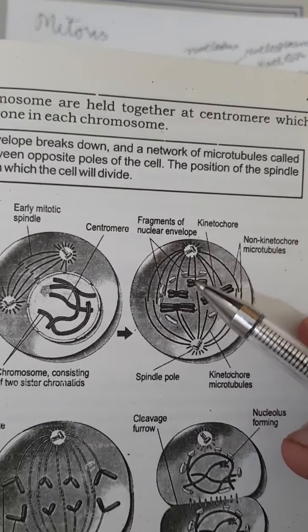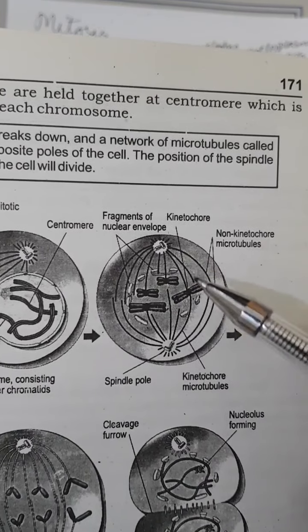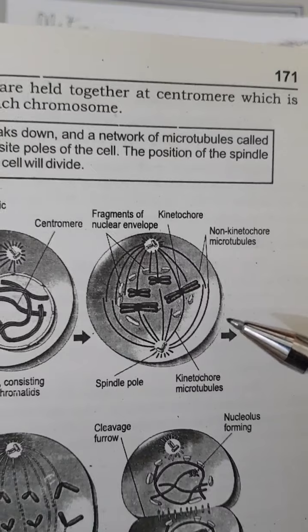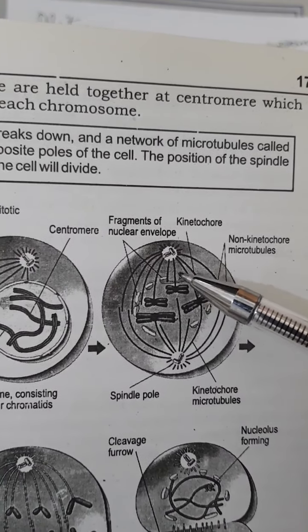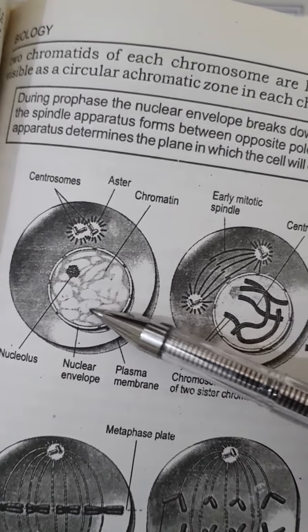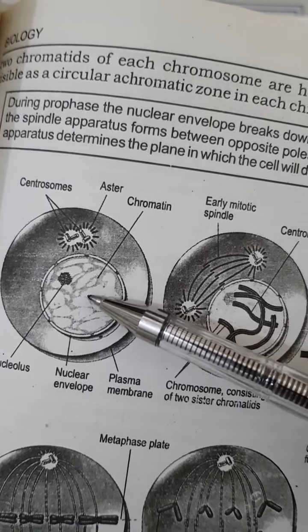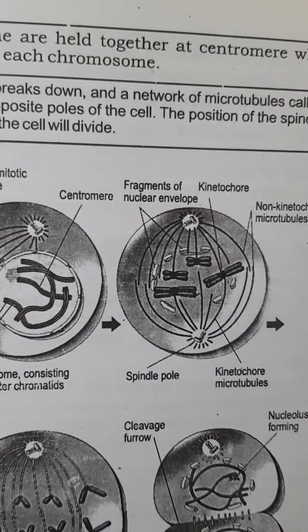So here you are not able to see any nuclear membrane or nucleolus, but you are seeing that we have converted the network of what you were calling the chromatin network into fine threads called the chromosomes.